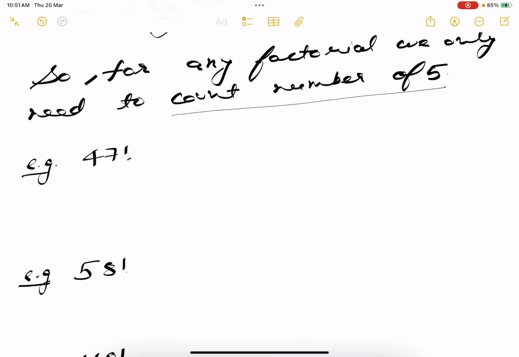And how do we do that? Since we only need to count the number of 5's, we divide this number by 5 to get the number of zeros. Let's take an example and understand this. For example, I divide 47 by 5. Then I am left with quotient 9, because 5 nines are 45.